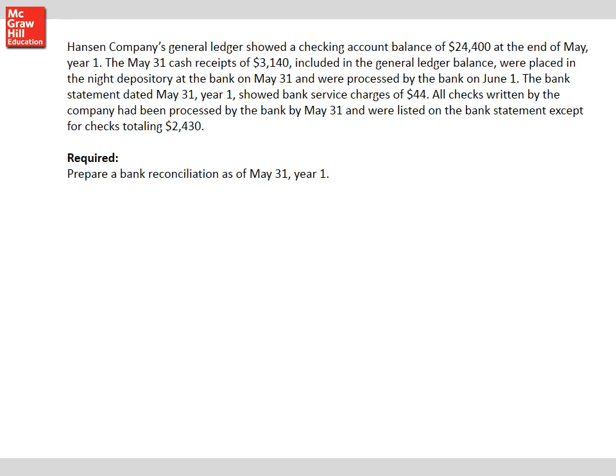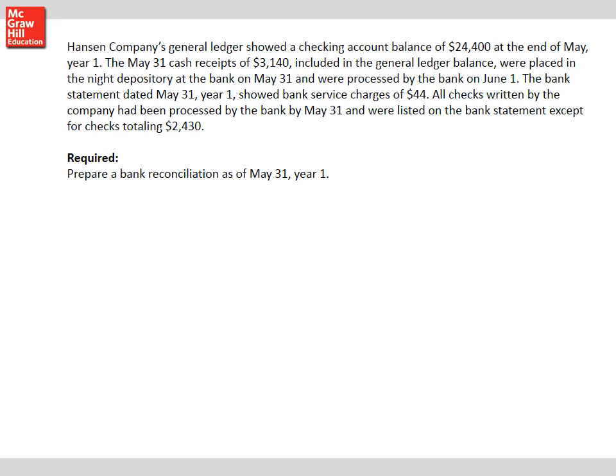Remember, a bank reconciliation is necessary because a checking account's records are being tracked by two distinct, independent entities. The company tracks their records in the general ledger T account. They debit cash, credit cash for every transaction they have through their checking account. So they keep a running record in their T account.